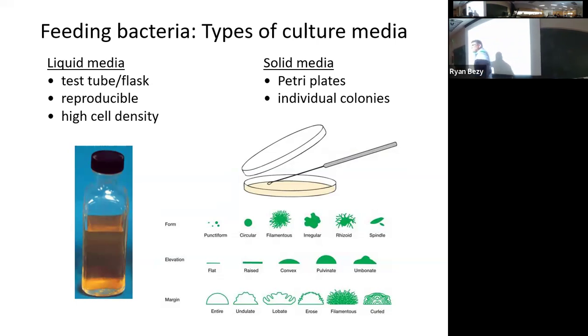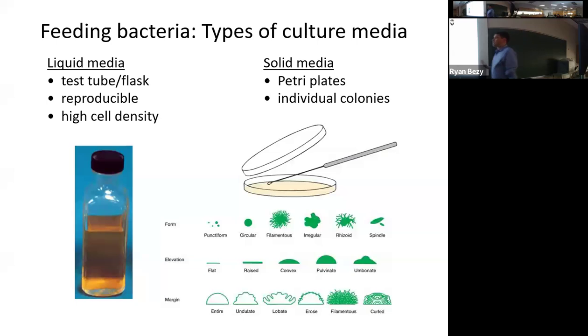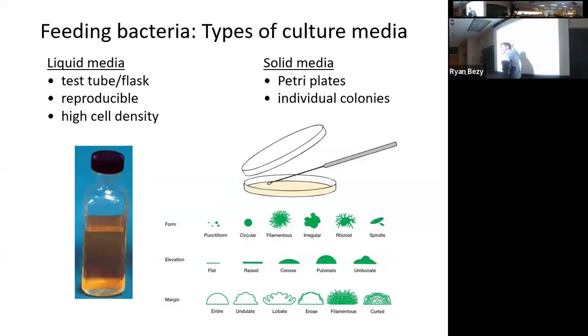In liquid broth, can you necessarily see a contaminant very easily? No. It can be hard to see bacteria that are mixed and growing in there. It's possible sometimes, but other times it's not. But liquid media is really nice because you can grow high cell densities. When a cell is floating in liquid media, it's bathed by nutrients on all sides.